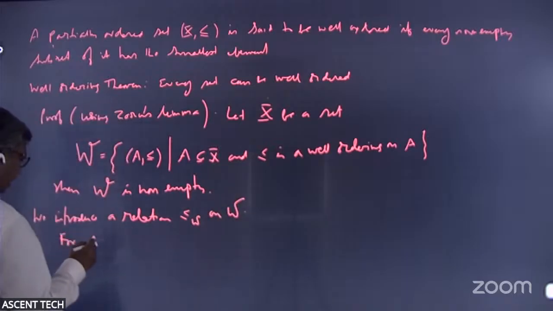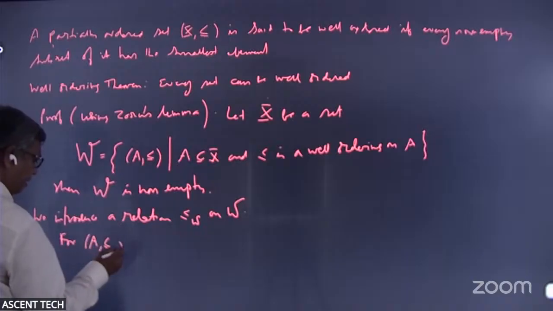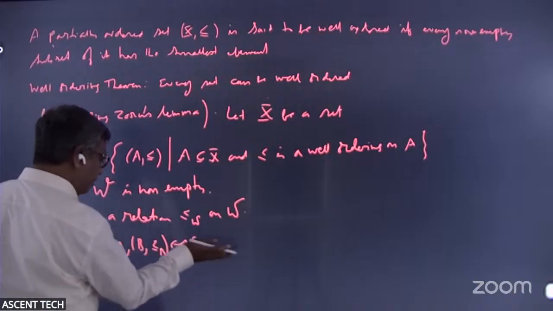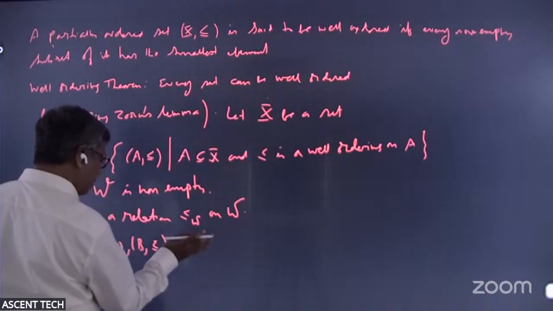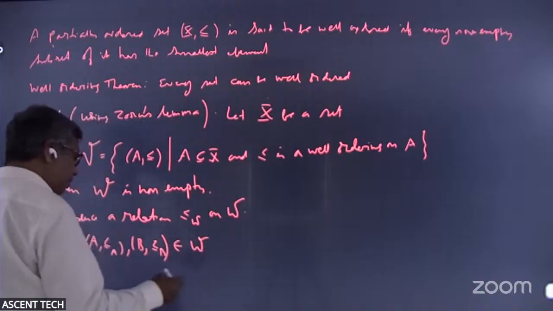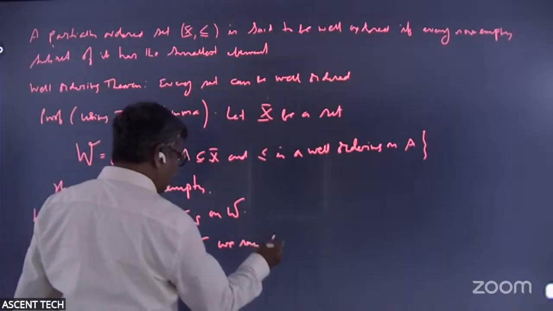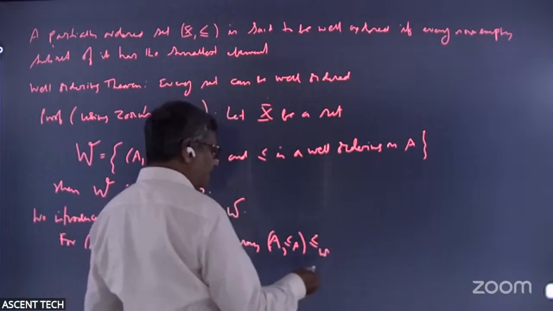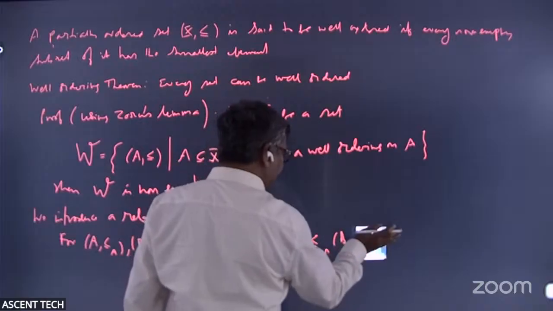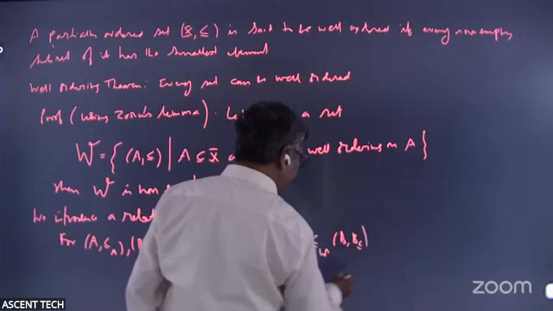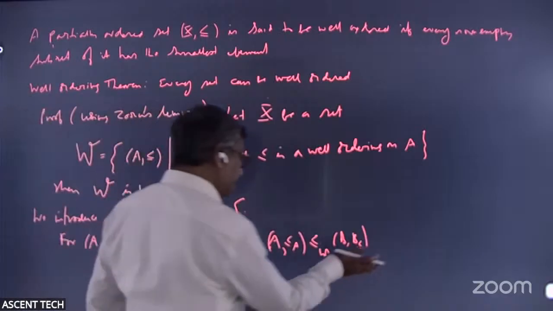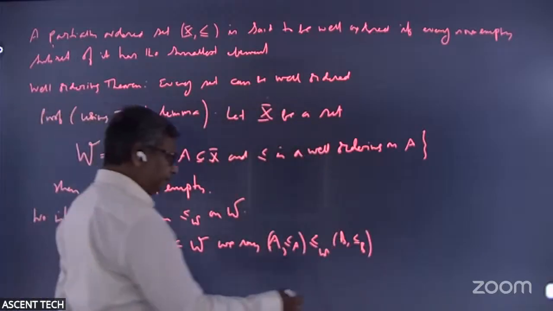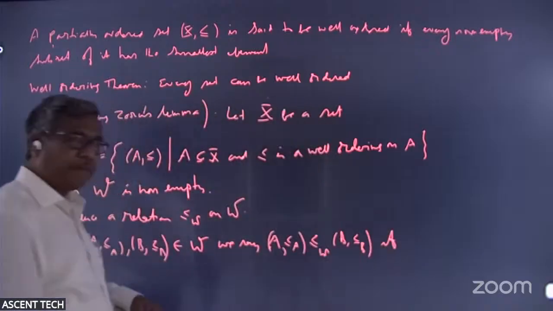For (A, less than or equal to A) and (B, less than or equal to B) in W, we say (A, less than or equal to A) is less than or equal to (B, less than or equal to B) in W if the following holds.